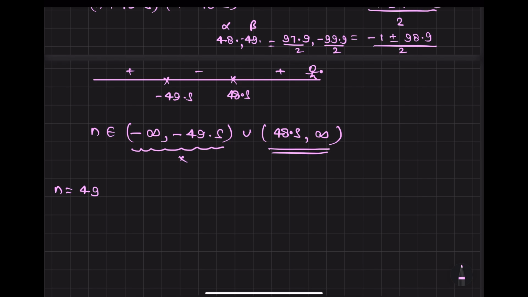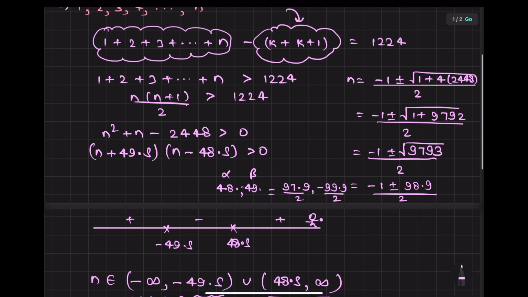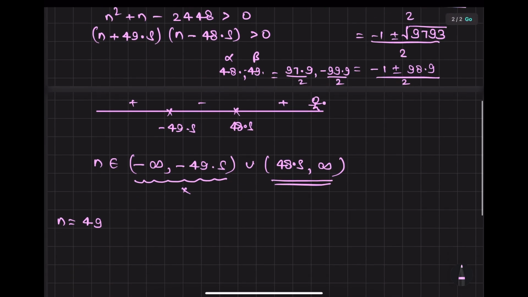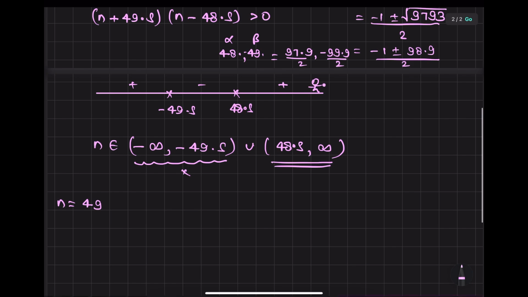Again I'll be using the same equation, and it will become 2k plus 1 equals 49 into 50 by 2 minus 1224.